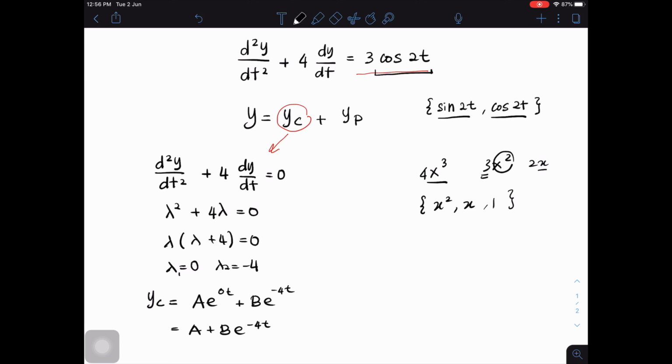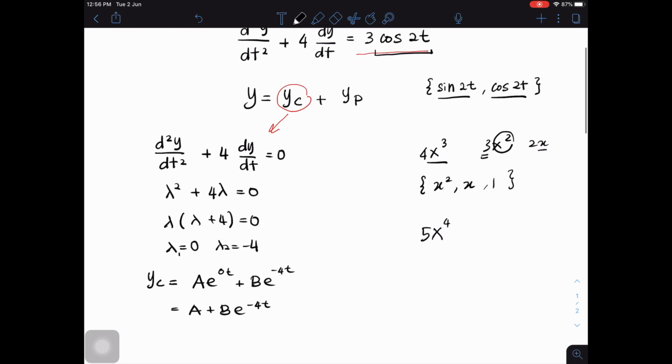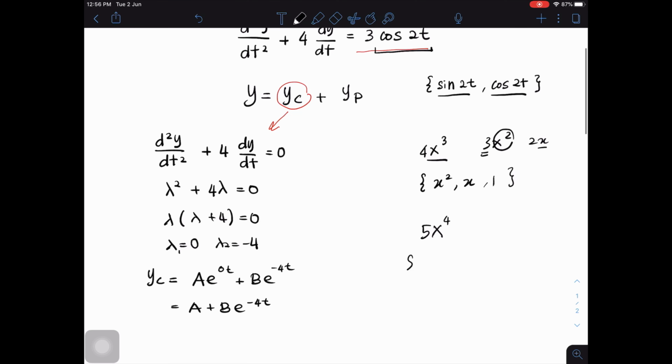Let's do another example. Let's say we have f(x) as 5x to the power of 4, and we want to list the family of derivatives for this function. You differentiate 5x to the power of 4, you get 20x to the power of 3. We ignore the constant, so we write x to the power of 3 as the first family of derivative.